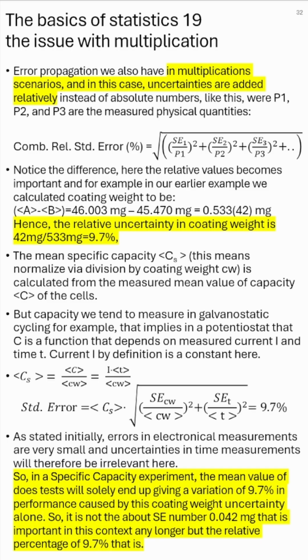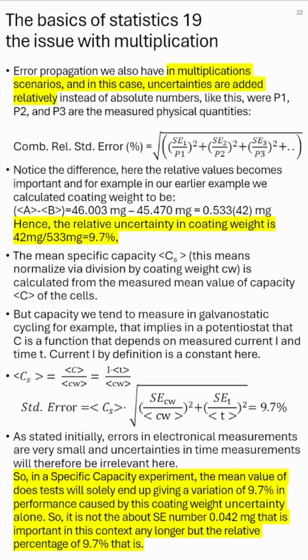So if we do the calculation on our previous sample, we saw that the coating weight became 0.533 milligram with a standard error of 0.042 milligram. So how big is that error relatively?